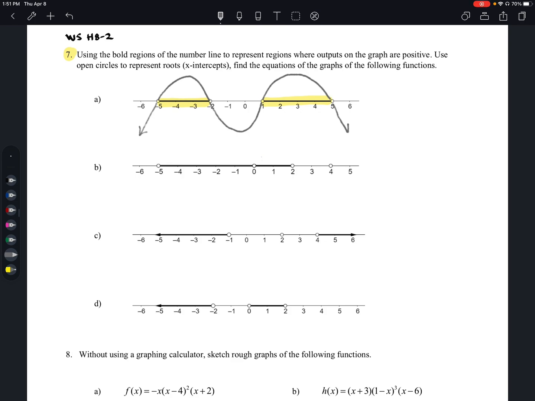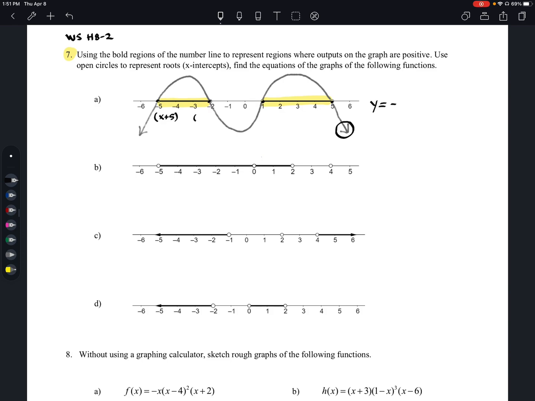So if we're looking for the equation, first of all, we notice that it's got a negative orientation. So we'll start out with y equals a negative. And then we'll look at our roots. Each of our roots here appears to be a single root. So at -5, we'd have a factor of x plus 5.